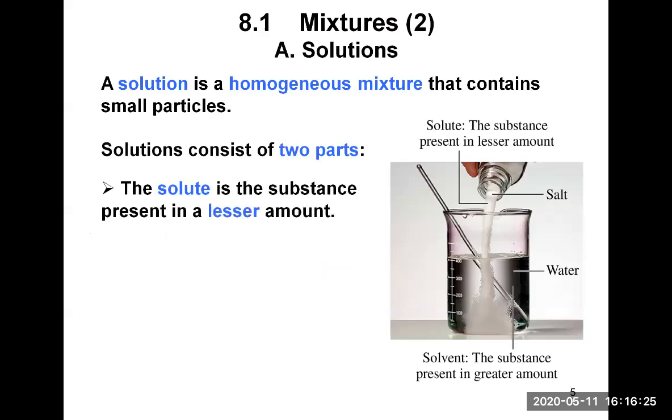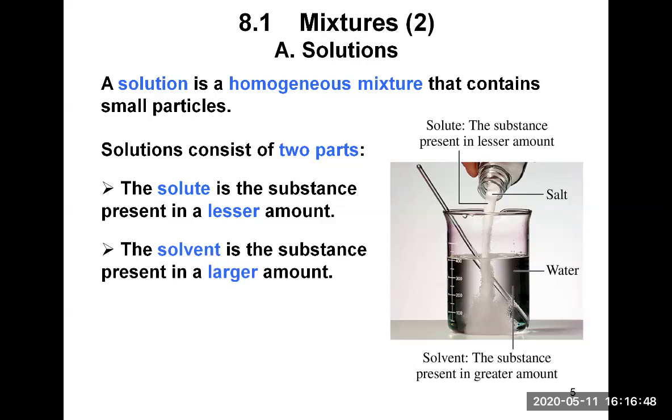Solutions consist of two parts. There is the solute, and the solute is the substance in the lesser amount. So, for example, when you have salt dissolved in water, the salt, because it's the substance present in lesser amount, is going to be called the solute.